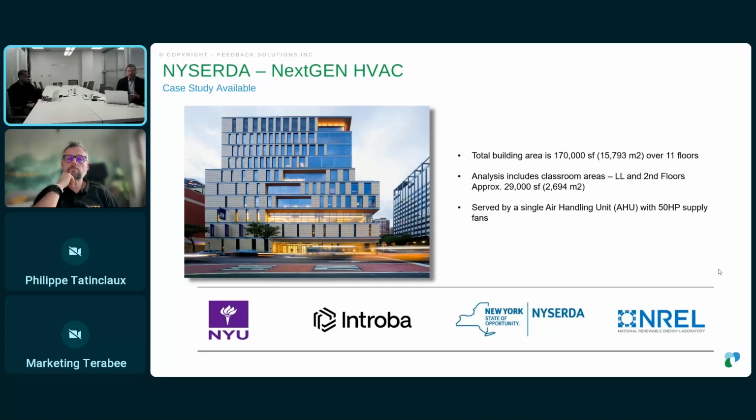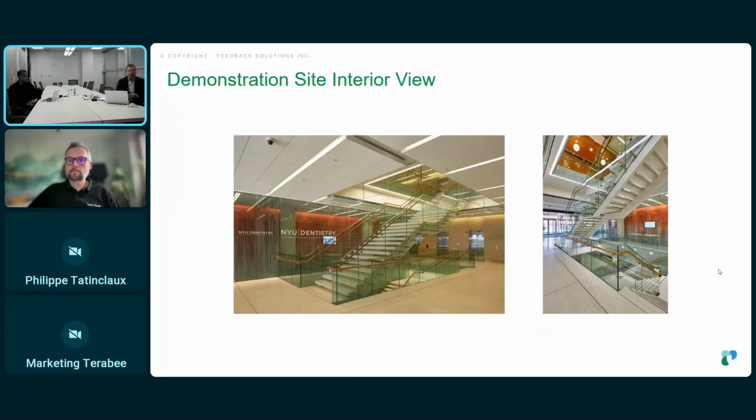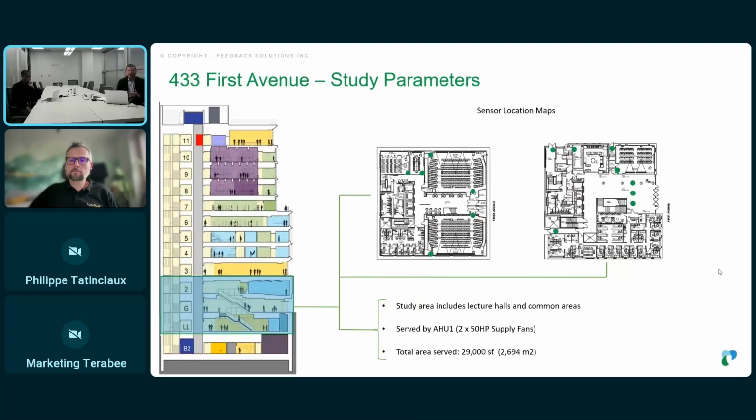So we isolated the equipment, isolated a specific area, three floors within that building, to test the efficacy of this solution. You can see this is a fairly modern building, very, very high end. So it's getting right down to the building level and more granular, down to the lecture halls, and I'll explain what that means in terms of energy savings opportunities.